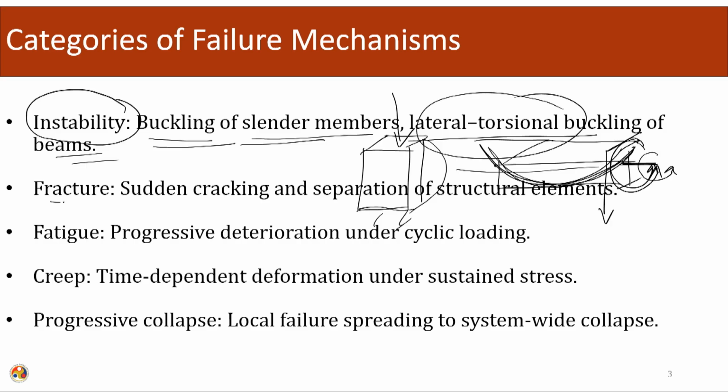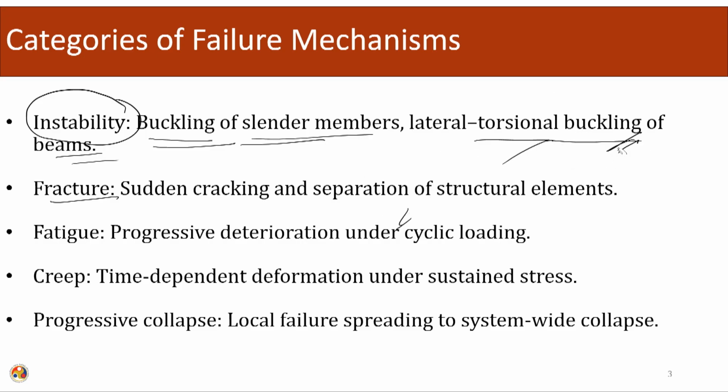Next, failure can occur due to fracture. Sudden cracking or separation of the structural element occurs. So, this will cause fracture in the section. Fatigue is also a major cause of failure. Earlier we talked about the S-N curve.